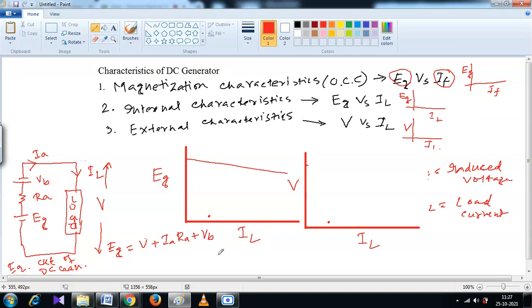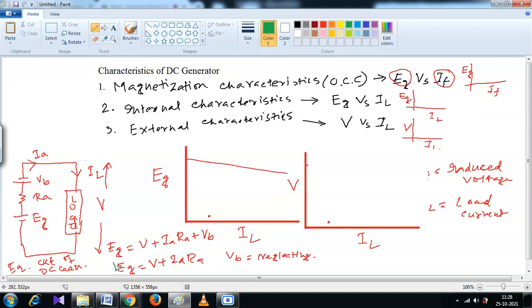If we neglect VB, then EG is equal to V plus IA RA. And this is called the generator equation.